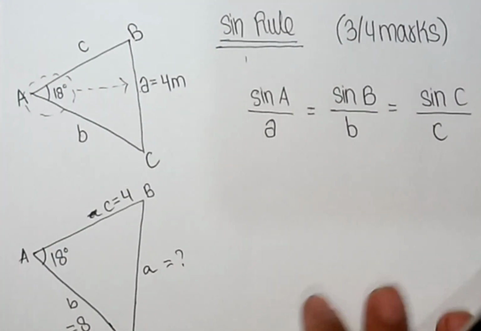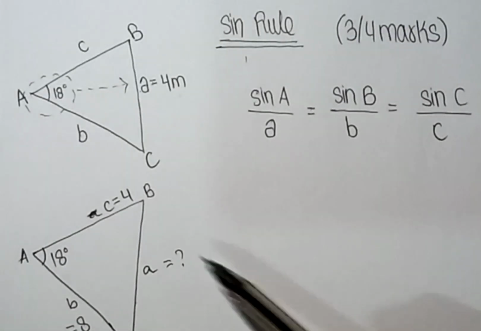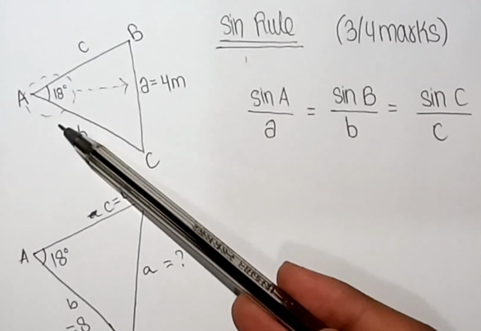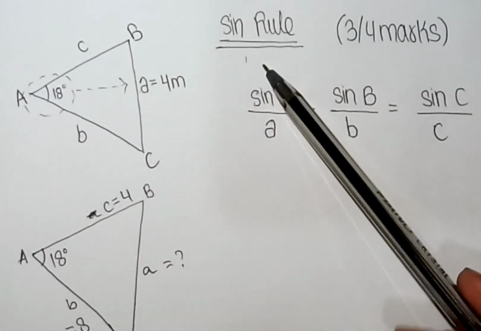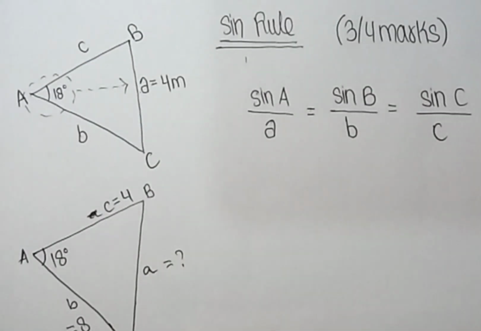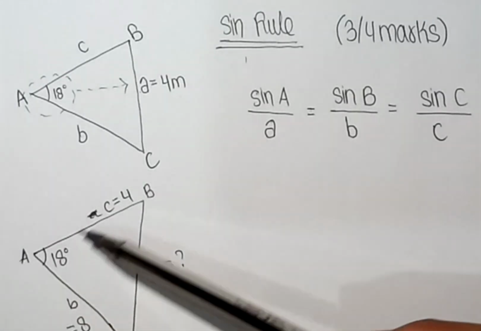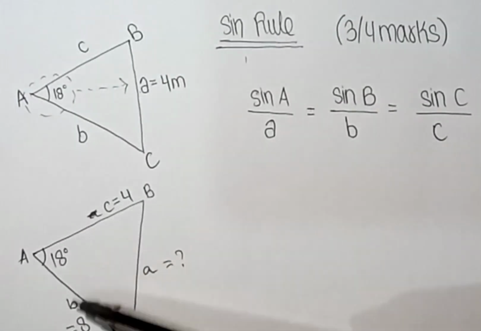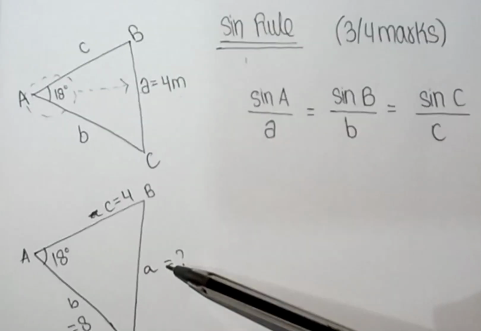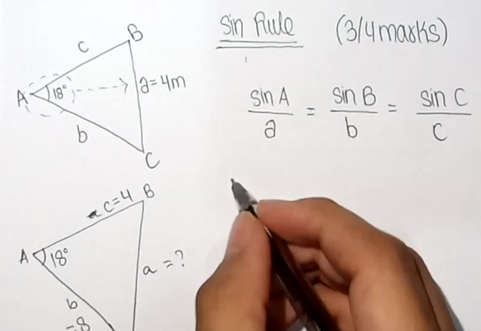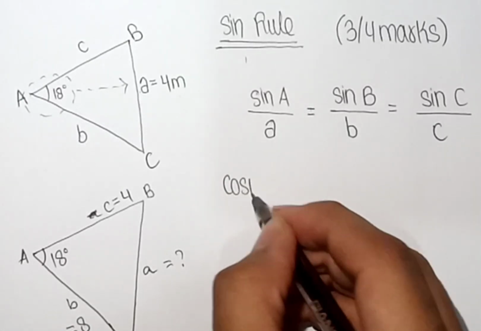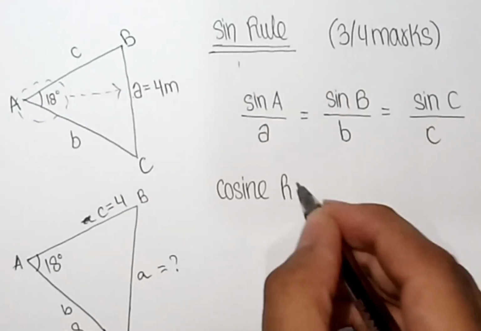No. What is the reason? Whenever an angle and the opposite side of the angle are given, you can apply the sine rule. But if no side opposite to the angle is given, and both sides nearest to the angle are given, then you will apply the cosine rule.